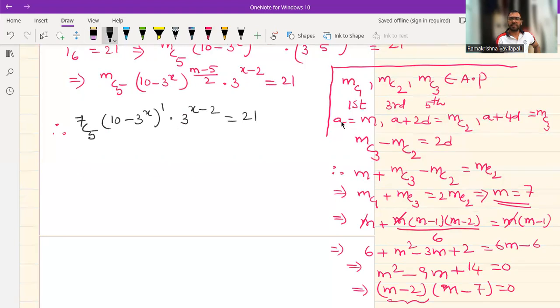So 7C5 is nothing but 7C2, so this value is 21. So this is cancelled. This implies 10 into 3 to the power of x minus 2 minus 3 to the power of 2x minus 2 equal to 1.